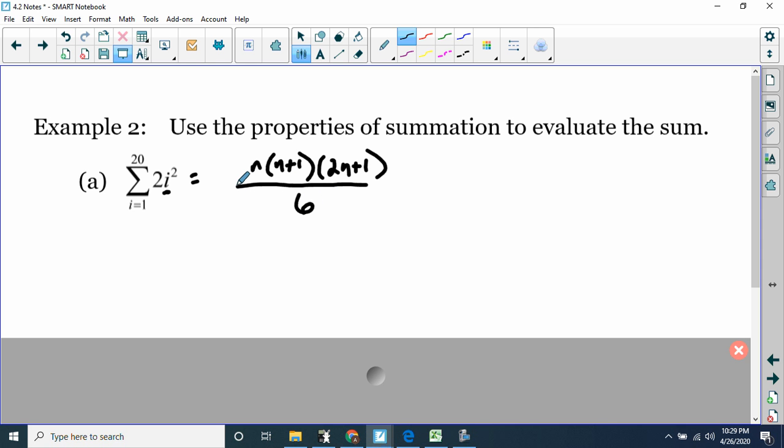Those formulas will be given to you on the test. The 2 right here can just stay out in front. So we replaced I squared with the formula for I squared. Then you can plug the 20 in for n's. So we have 2 times 20 times 20 plus 1 times 2 times 20, 40 plus 1, all over 6.